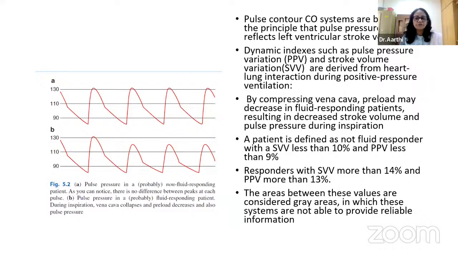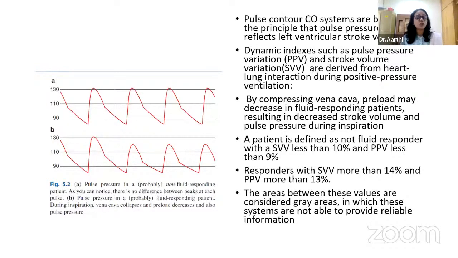A patient is defined as a fluid responder if the decrease is greater than 13% from the baseline with respect to pulse pressure, and more than 14% with respect to systolic pressure variation or stroke volume variation.